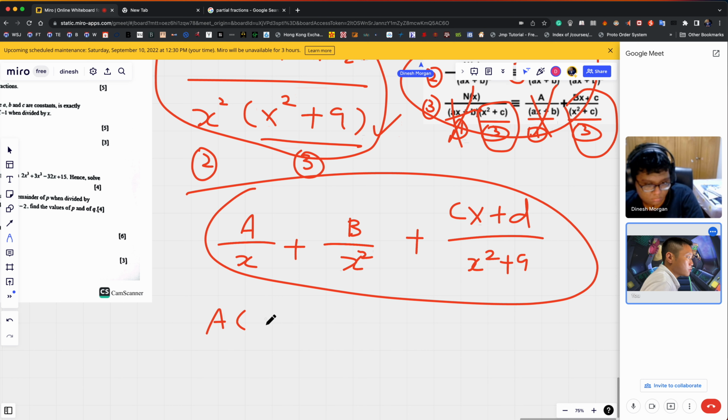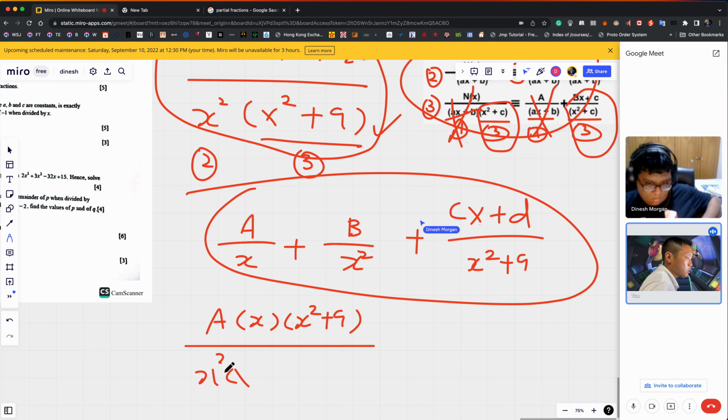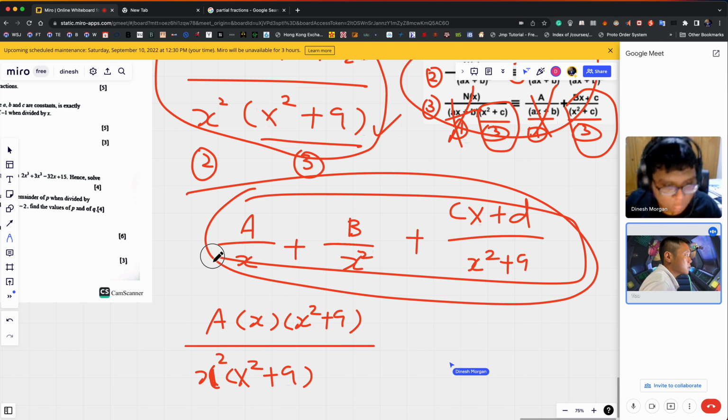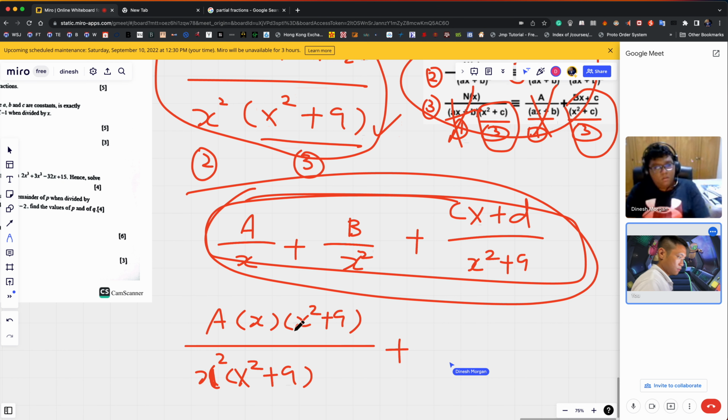Now you need to continue. For a, you short of x, and you short of x squared plus 9. That's how you get your x squared plus 9, because I'm going to make it into a single fraction. For this one, you short off x squared plus 9 only.